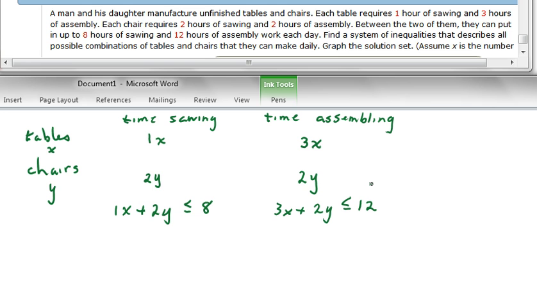Now I'd like to isolate the y in each of these cases.